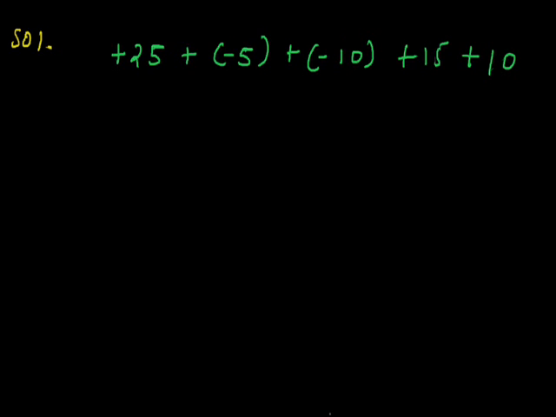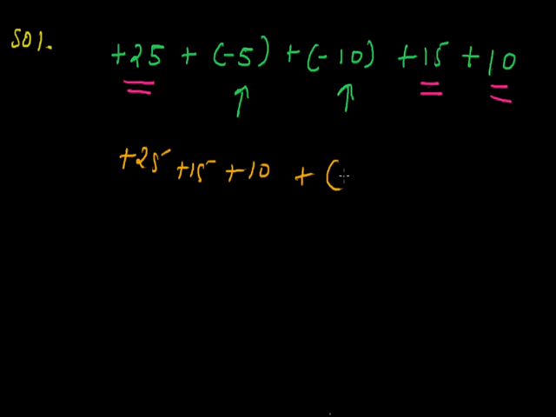Now to add this, we will first add the positive numbers, that is 25, 15 and 10. And in the second part, we will add the negative numbers, that is minus 5 and minus 10. So the total will be 25 plus 15, it will be 40, plus 10, so it will be 50.